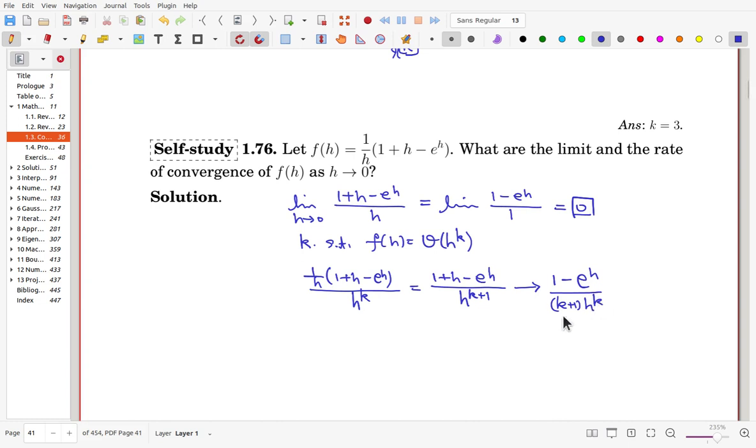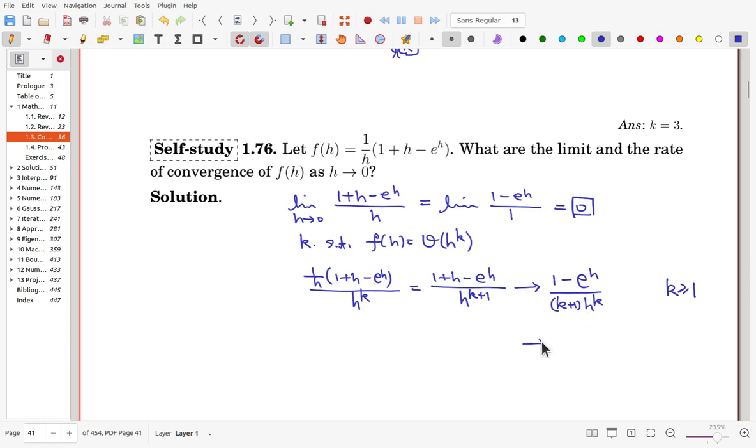Okay. Now, once k is, for example, 0, then it's approaching 0. So we have to find k such that this is approaching a non-zero value and not blowing up. So here we have to assume that k is larger than or equal to 1. Then the top is 0, and again it becomes 0.